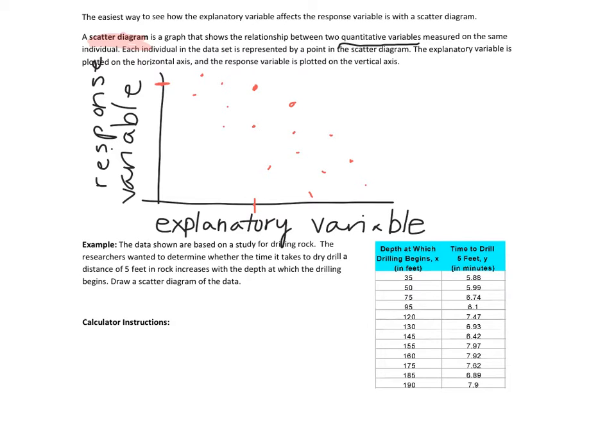All right, so for instance, let's look at coffee and sleep. Let's say the explanatory variable in our quick example is the number of cups of coffee, and the response would be something like hours of sleep.